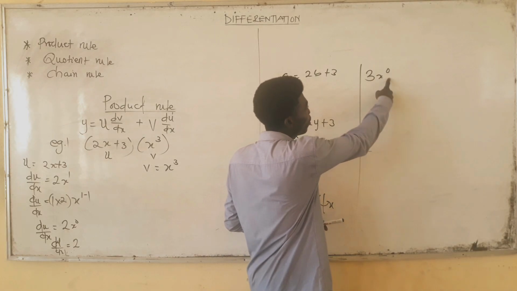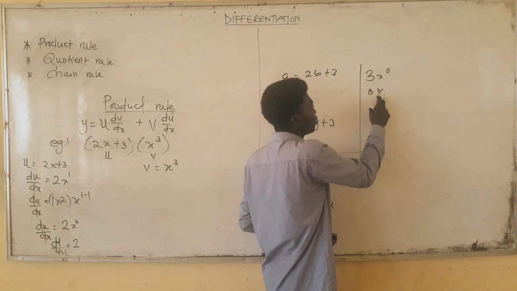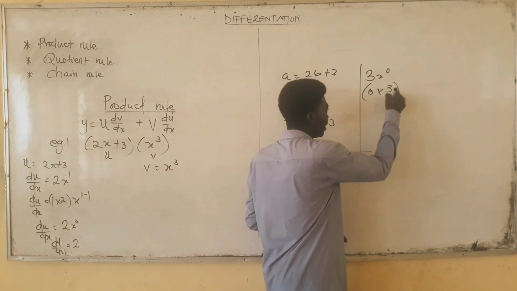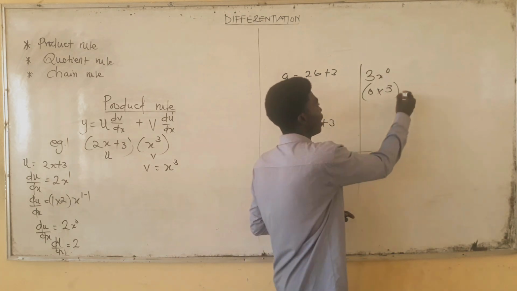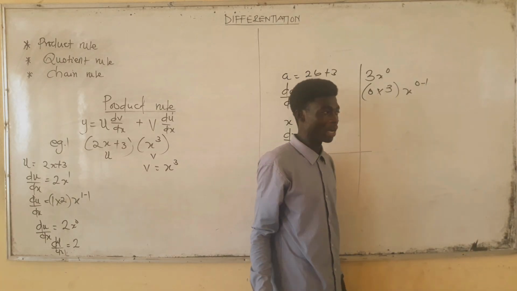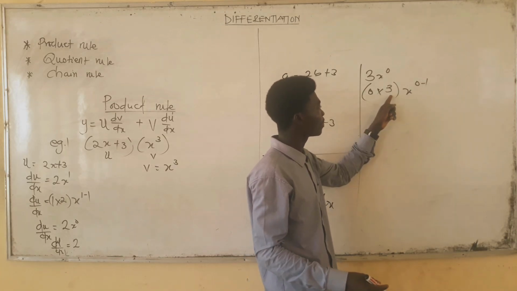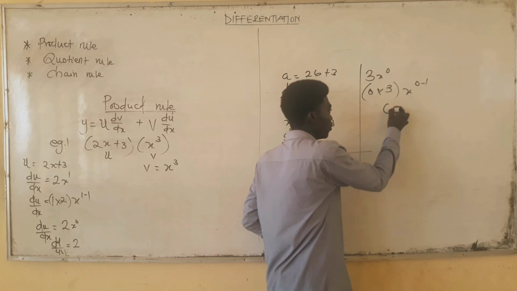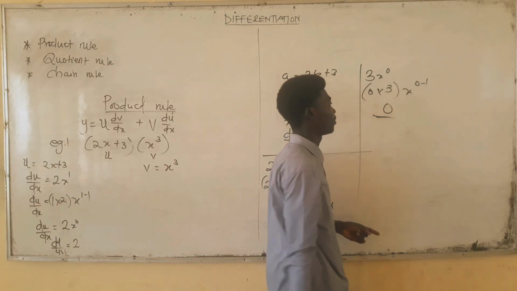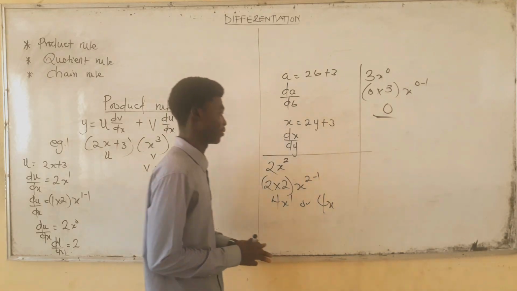So the 0 here will multiply the 3, so we are getting 0 times 3, isn't it? Okay, so this is the first thing we've done. Now x to the power 0, we subtract 1 from the exponent, and we are getting 0 minus 1. So if you multiply this 3 by 0, we are getting 0. In fact, everything here will give us 0. And that is why if you differentiate a constant, you are getting 0.